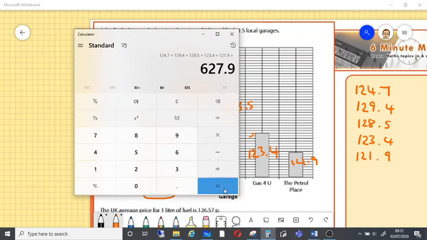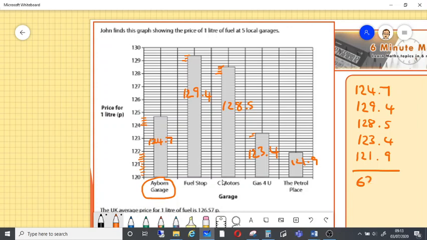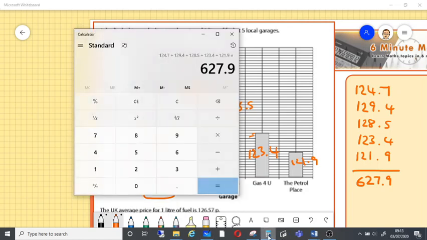I'm getting a total of 627.9. So I take that value and divide it by the 5 garages, which gives me an average of 125.58.